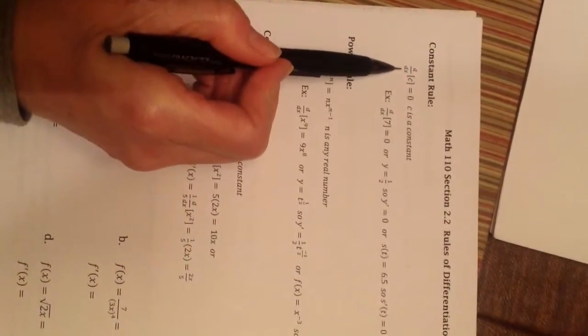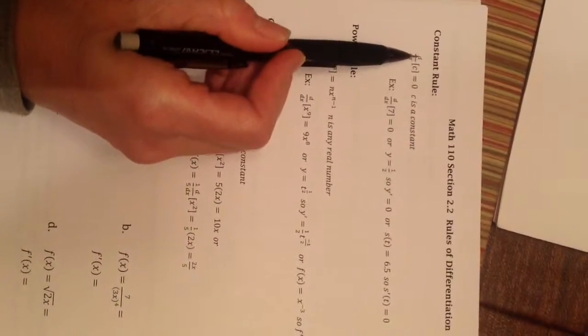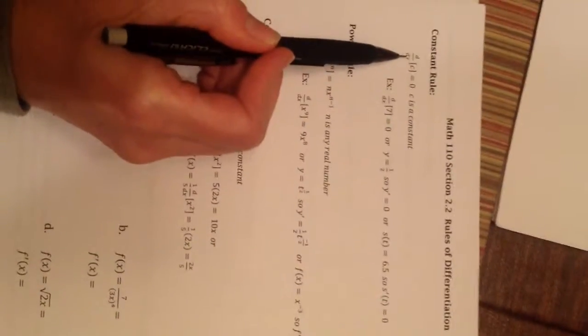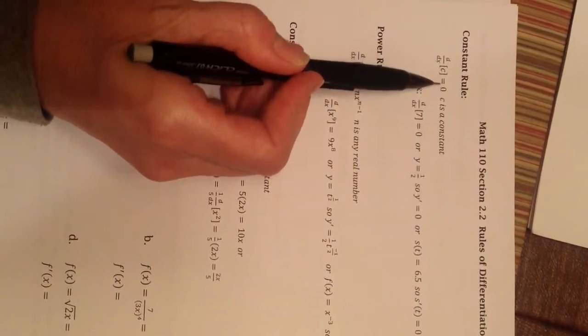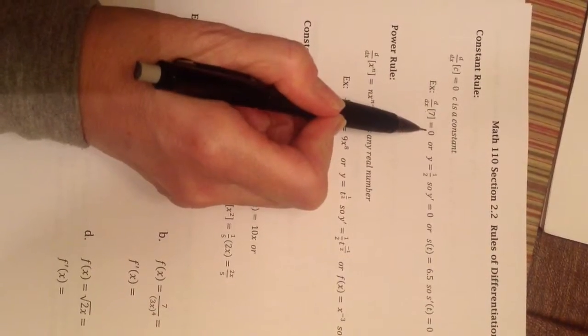It says that if you take the derivative, and this d dx, remember, is like a verb. It says take the derivative of what's in the brackets, and the x says with respect to x. So if you take the derivative of a constant with respect to x, you get 0 every time. If you d dx the number 7, you get 0.